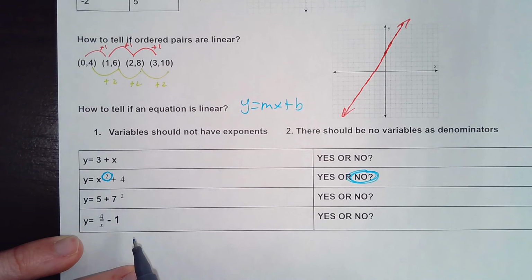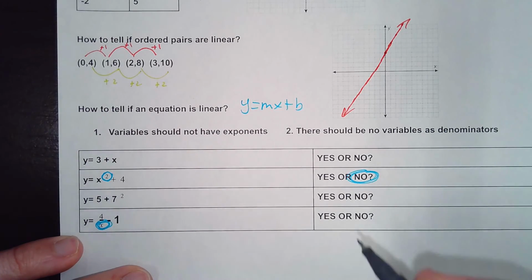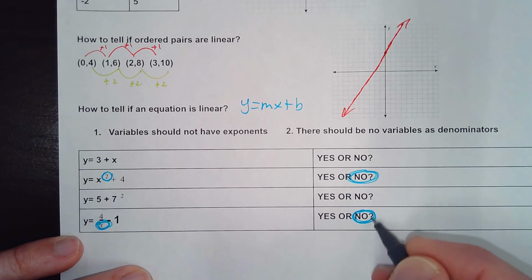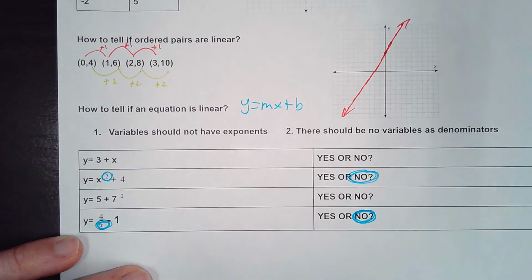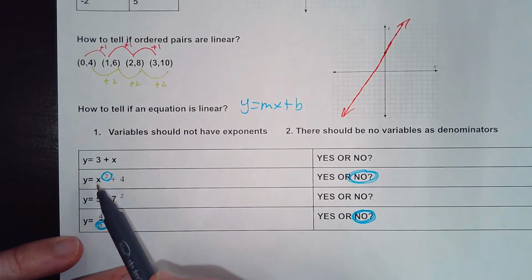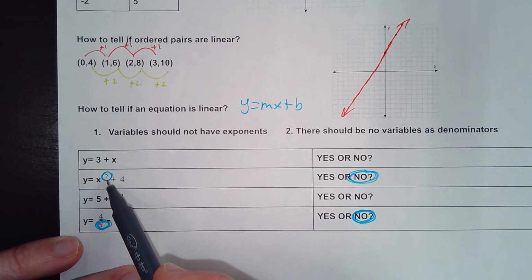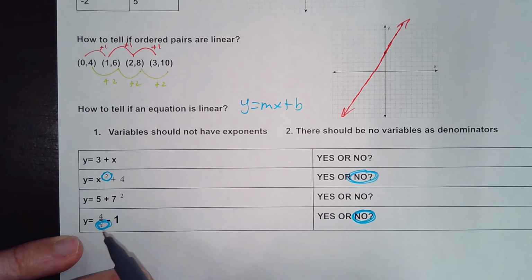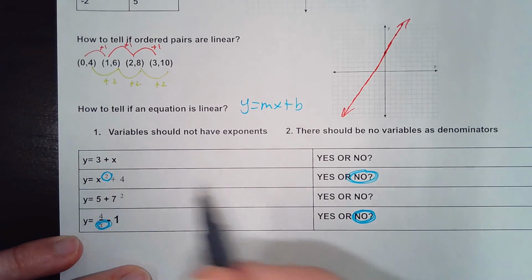The other thing is if we see a variable in the bottom of a fraction, or if a variable is a denominator. There's only one fraction, and this one has a variable as our denominator, so that one's no. If we answer no to both of those questions, is there a variable with an exponent, or is there a variable as a denominator, then they're linear.